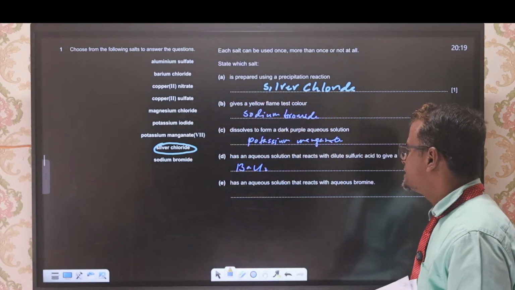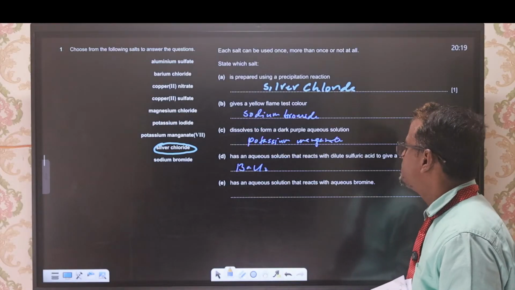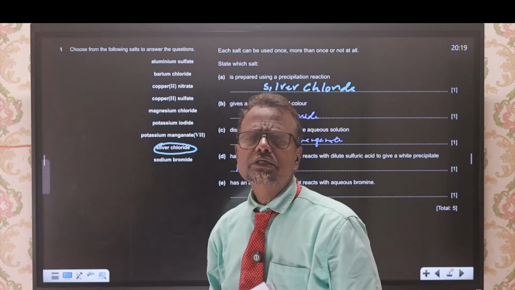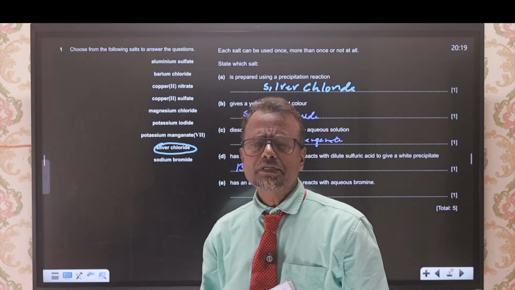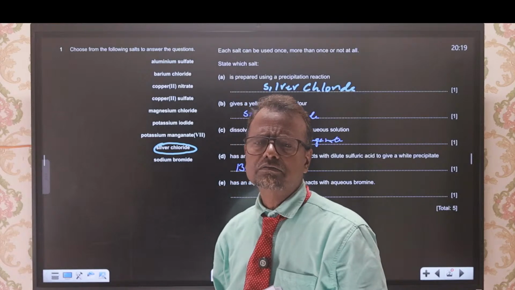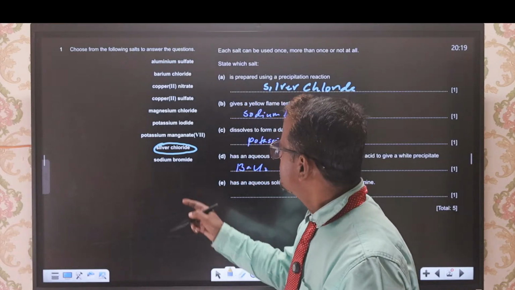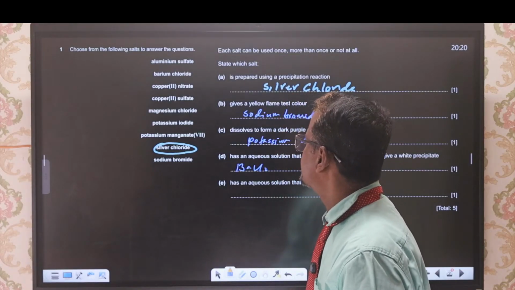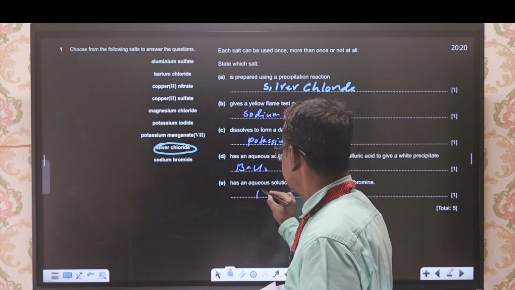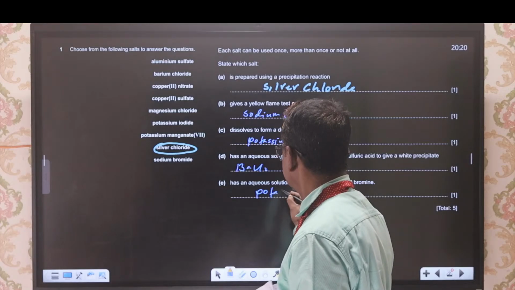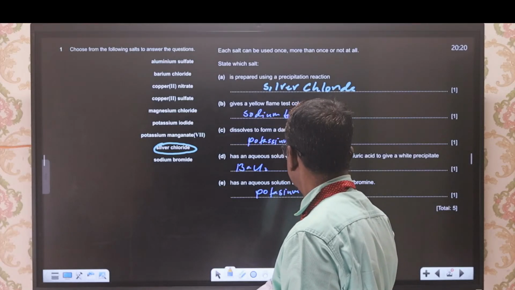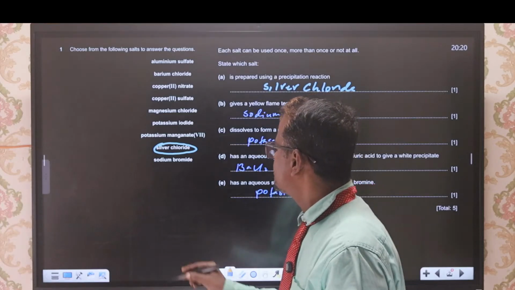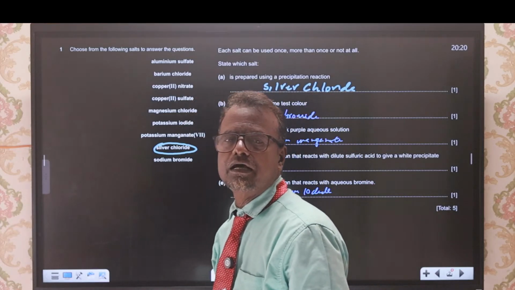Next, an aqueous solution that reacts with aqueous bromine. Bromine reacts with something less reactive than bromine, that means iodine or similar. So we see iodine, potassium iodide. Potassium iodide reacts with bromine because bromine is more reactive than iodine.